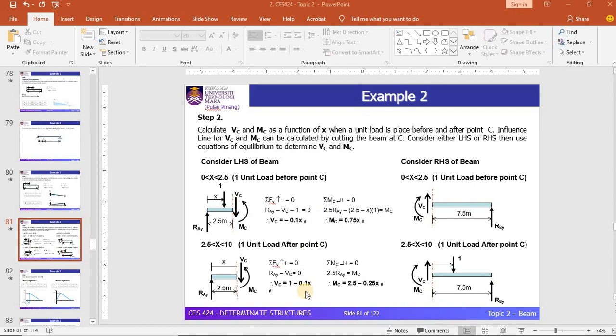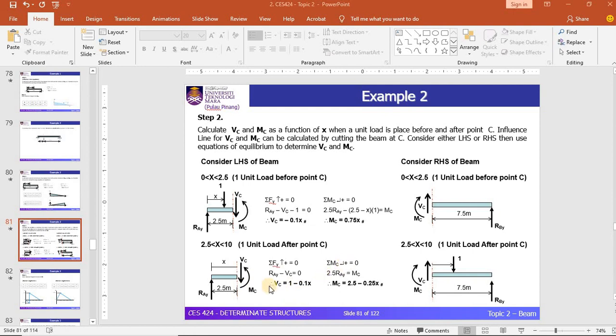Let's move to the second range. Okay, so in the second range, we have this particular diagram without the one unit load, because this particular one unit load has moved beyond the point C. So based on these diagrams, by considering the summation of force in the vertical, we have RAY minus VC downwards, and you can see that the VC is equal to 1.1 minus 0.1x.